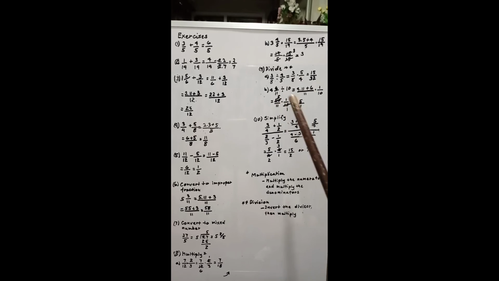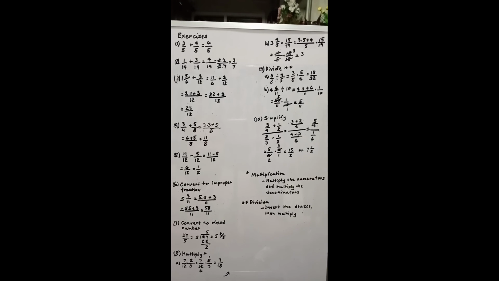Now we can multiply the fractions. But take note that we can do some cancellations here. Like, we can divide 10 by 10, and we can divide 50 by 10. So 10 divided by 10 equals 1. 50 divided by 10 is 5. And then 5 times 1 equals 5. 11 times 1 equals 11. And this is now the final answer.